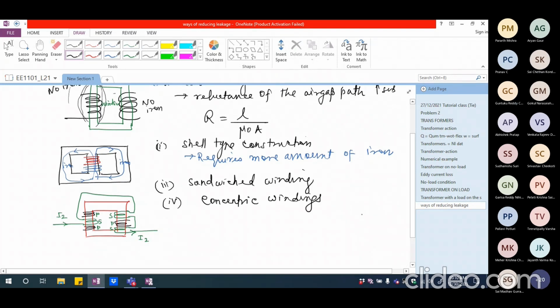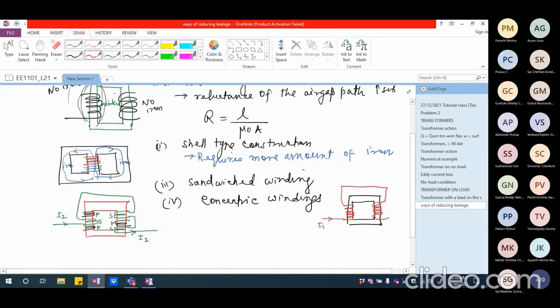So in this particular case, let us say this is the core. I am going to have, let us say, my primary winding wound like this. And maybe I will have some portion of the primary here too. So these two will be connected together and I'm going to have this entire thing as primary.